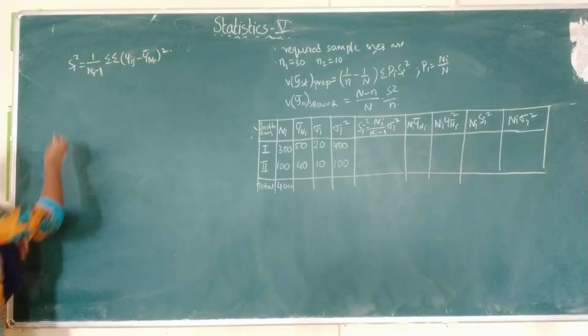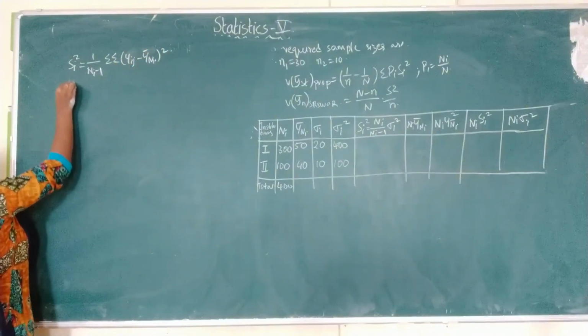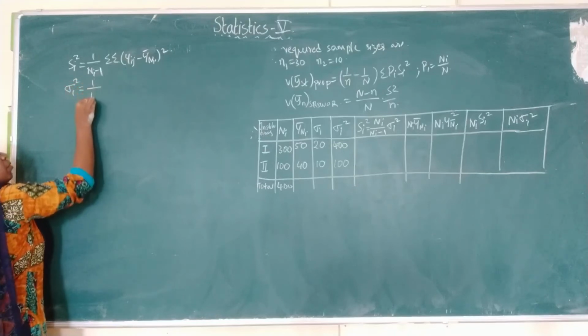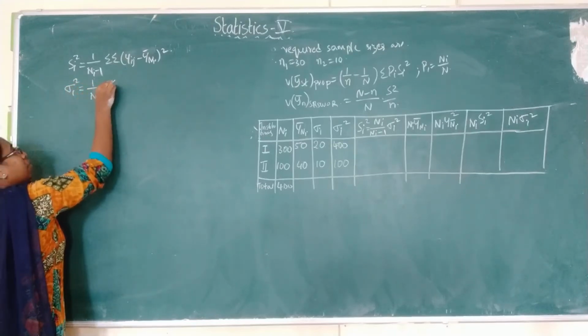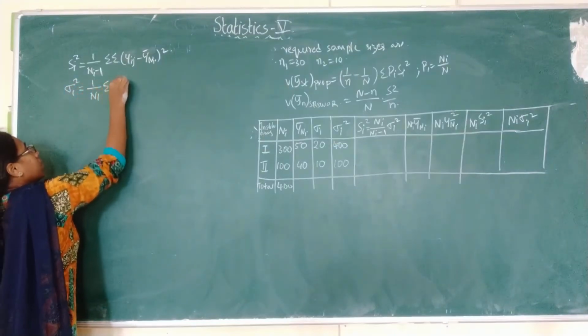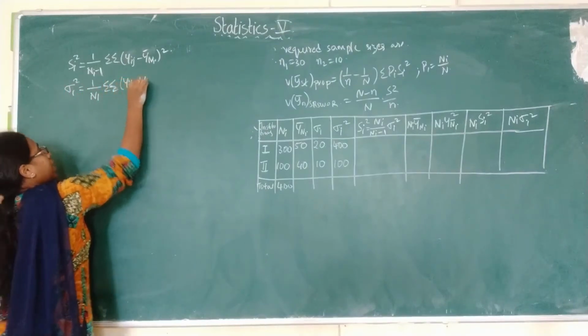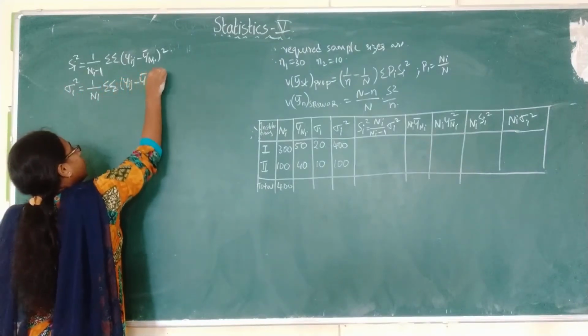Similarly, sigma i square equals 1 by Ni double summation Yij minus Yni bar whole square.